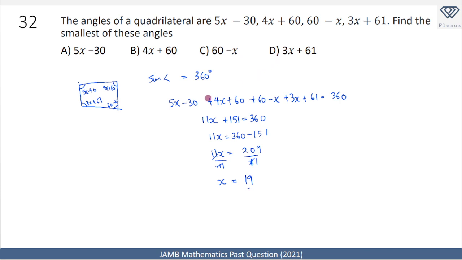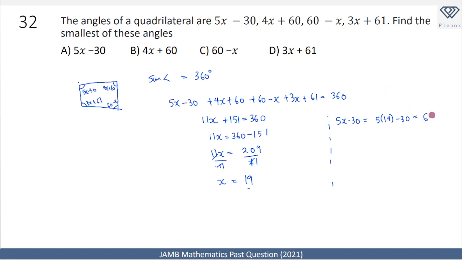So I can substitute the value of 19 into each of these angles to figure out what they are. So for the first one, we have 5x minus 30, and that is going to be equal to 5 times 19 minus 30. And when you simplify that, 5 times 19 is 95, and minus 30 will give me 65.